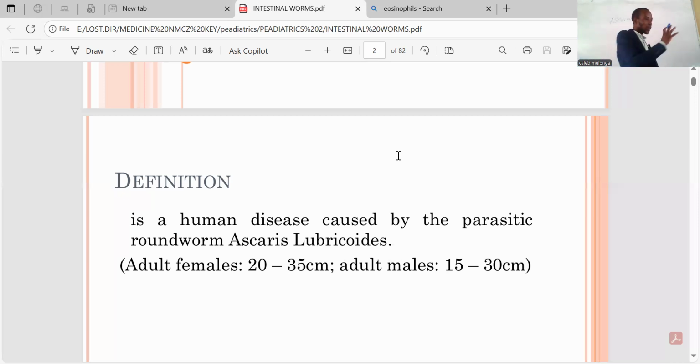I would put up the spelling on the board, but it is characterized by abdominal pain and presence of worms or adult worms and eggs in a stool. So we're saying it's caused by Ascaris lumbricoides.